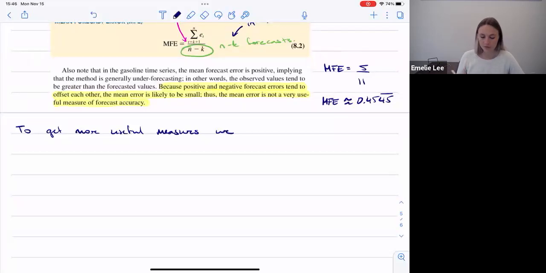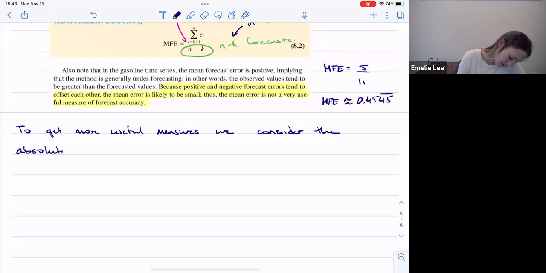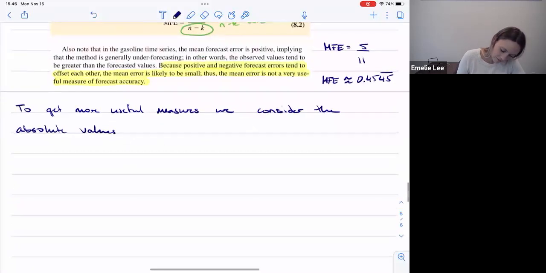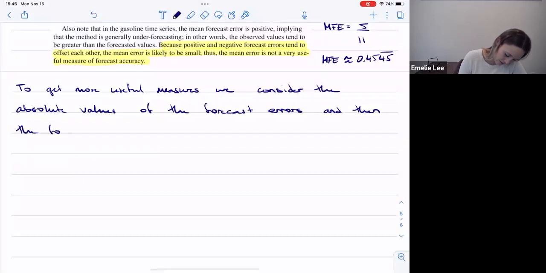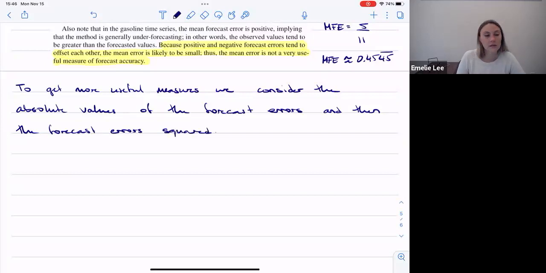So to get more useful measures, we consider the absolute values of the forecast errors and then the forecast errors squared.